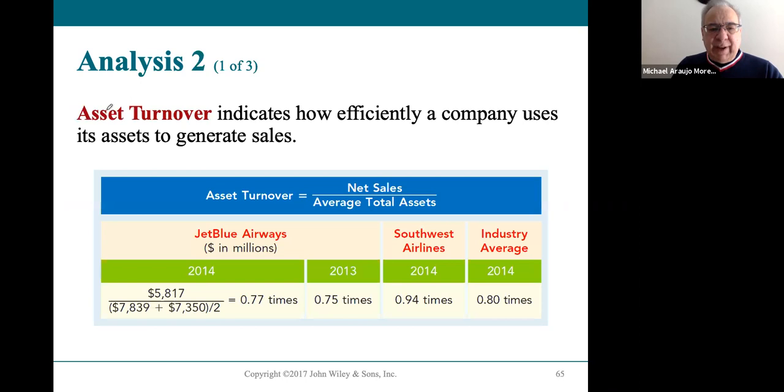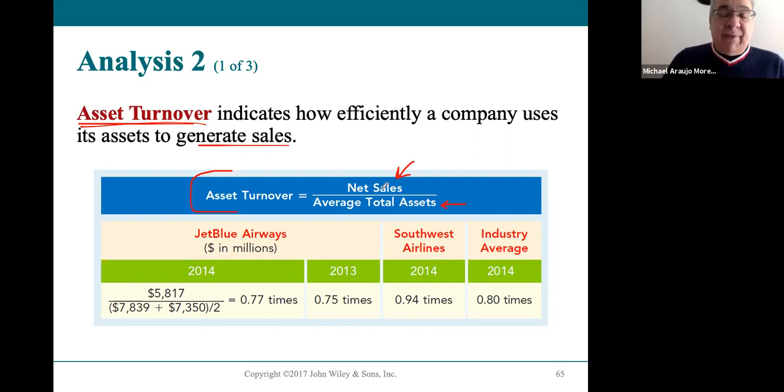Another thing they can look at is asset turnover. And asset turnover basically is looking at, are they using their assets to generate sales? So we're looking at the sales of the company compared to their average total assets. Okay, that's what the asset turnover is. Are they making sales from their assets?